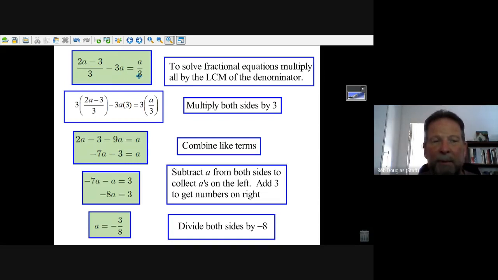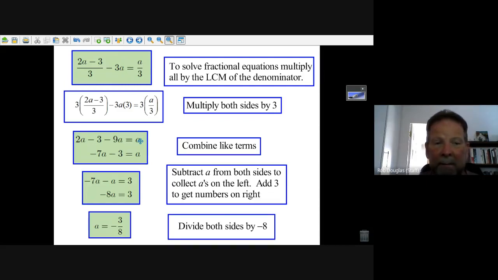So we multiply every single thing by 3. This part, 3a times 3, and a over 3 times 3. The reason we do that is because the 3's will cancel. You'll get just 2a minus 3a, 2a minus 3. 3 times minus 3a is minus 9a. 3 times a over 3 is a.